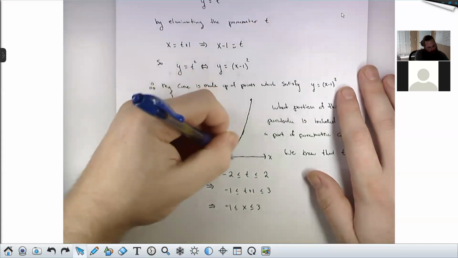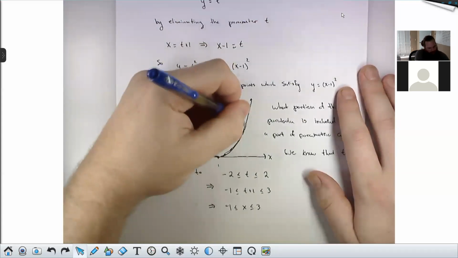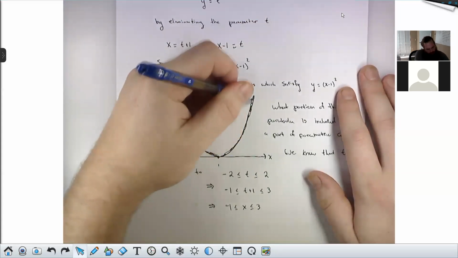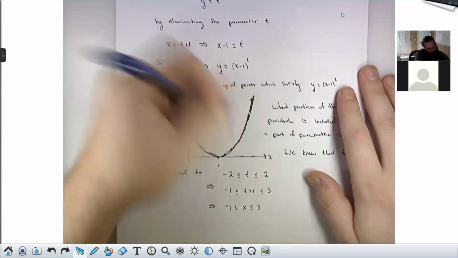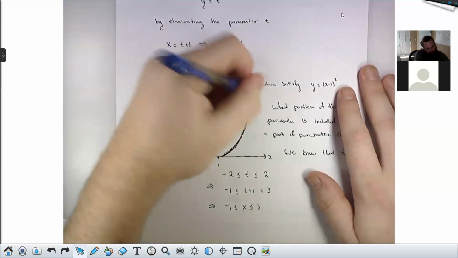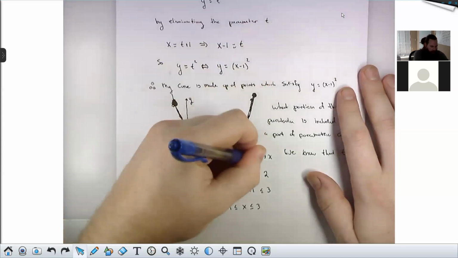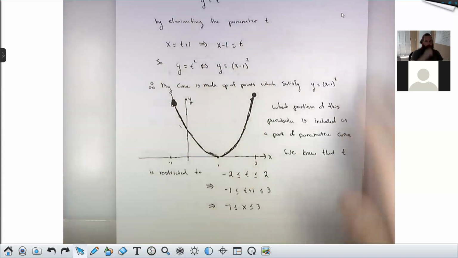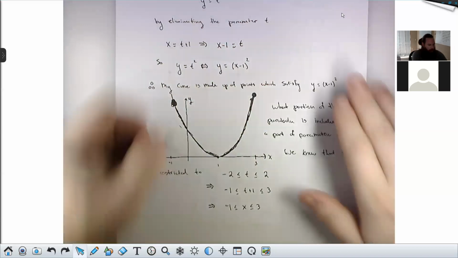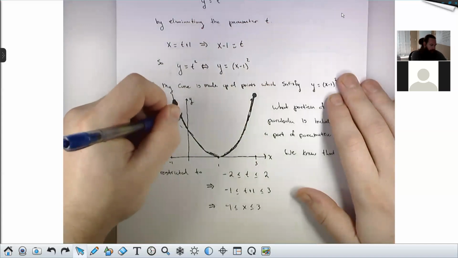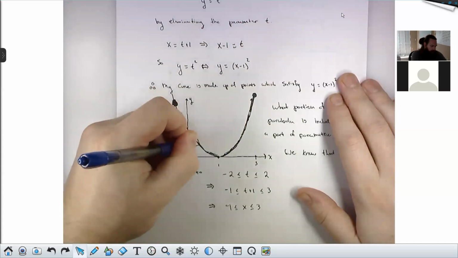But it would go 1, 2, 3. Yeah, really it's just this part. Right? That's the idea. So rather than getting the whole curve, my parametric curve is just this.